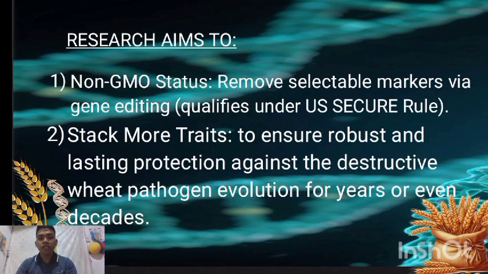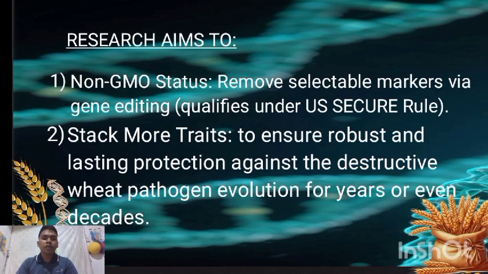You are just editing the genes where they are present in that specific crop, and then stacking more traits to ensure robust and lasting protection against the destructive pathogen evolution for years or even decades.